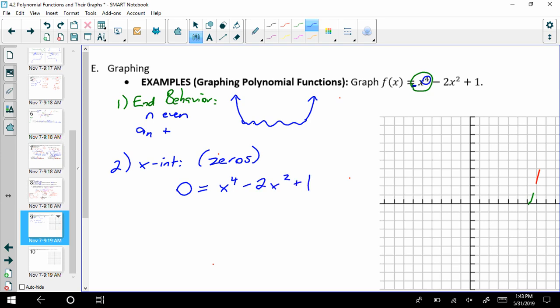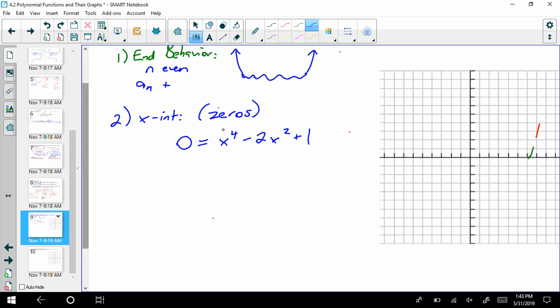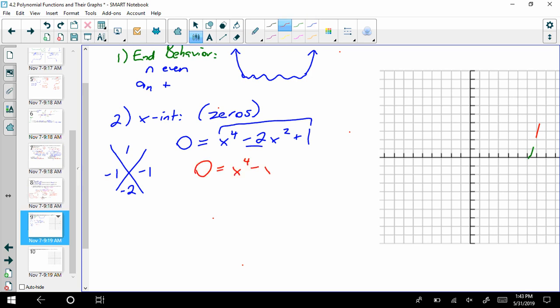And now let's factor this. I want numbers that multiply to 1 and add to -2. So -1 and -1. I'm going to rewrite this one just to show you what happens. x squared, then the two -1s for the middle, plus 1. So I rewrote the middle with my 2 -1s.